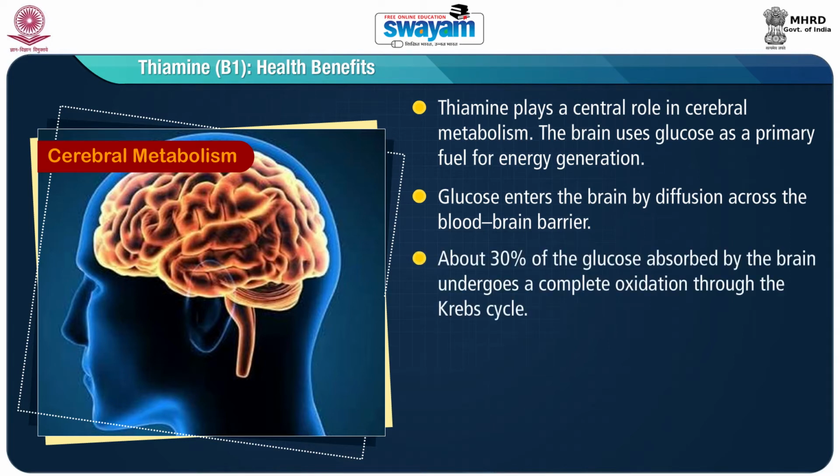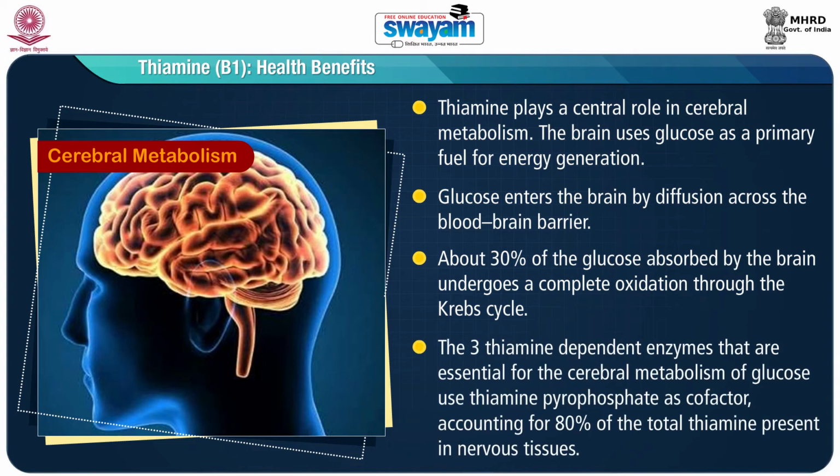About 30% of the glucose that is absorbed by the brain undergoes oxidation through the Krebs cycle. The 3 thiamine dependent enzymes that are essential for the cerebral metabolism of glucose use thiamine pyrophosphate as cofactor, accounting for 80% of the total thiamine present in nervous tissues.